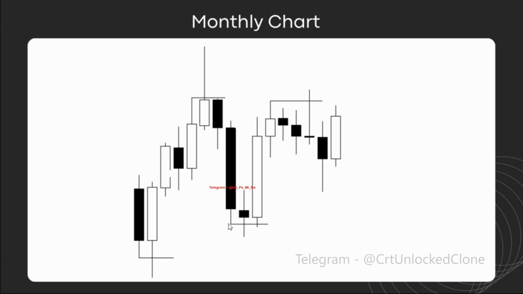It closed inside, which shows bullish signs, and it also formed a wick, which enhances the bullish scenario even more because a wick represents lack of momentum, lack of energy. In this case, it's representing bullish signs because we've closed inside and formed a wick. So based on these factors, you're going to start looking for bullish trades as soon as the next month's candle opens, and your directional bias would be bullish, and your drawn liquidity would be this high right here.